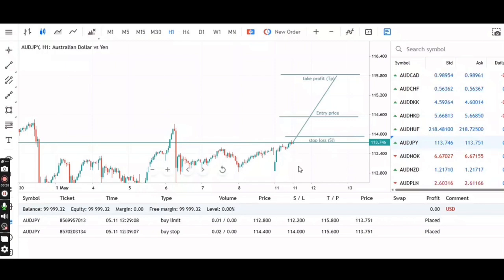It gives you the opportunity to enter the market at a proper time, and also put a lot size that will help you to manage your risk. So I want you to take your time to practice with all these order types and try to master them and use them, because it will help you a lot. It has been helping me, and I believe it can also help you.